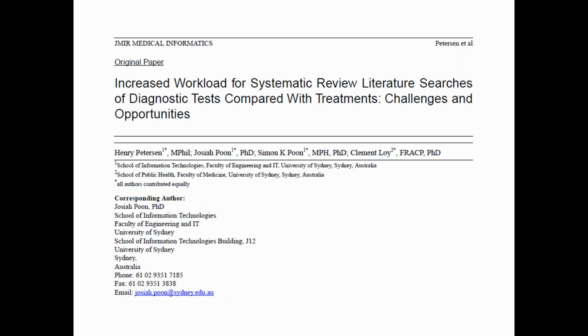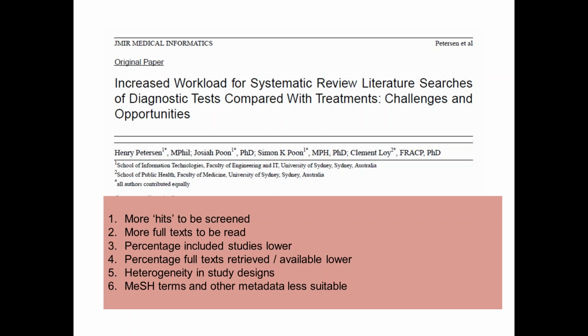Here's a paper which was published making the point that actually it's a lot more work as well, that the systematic review searches for diagnostic test studies end up being a lot more time consuming than they do for interventions. You end up with very many more hits to be screened. Our strategies end up finding a large number of studies.